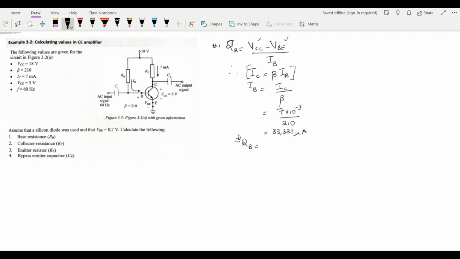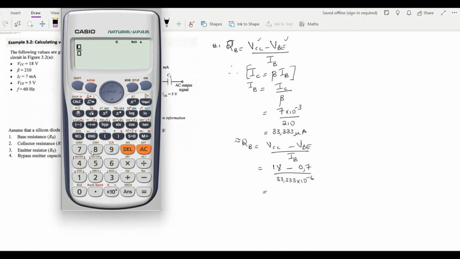Now, RB, we said it's VCC minus VBE over IB. The value of VCC is 18. The value of VBE is given to us as 0.7. And this value here, 33.333 exponent negative 6. Let us punch that in our calculators.